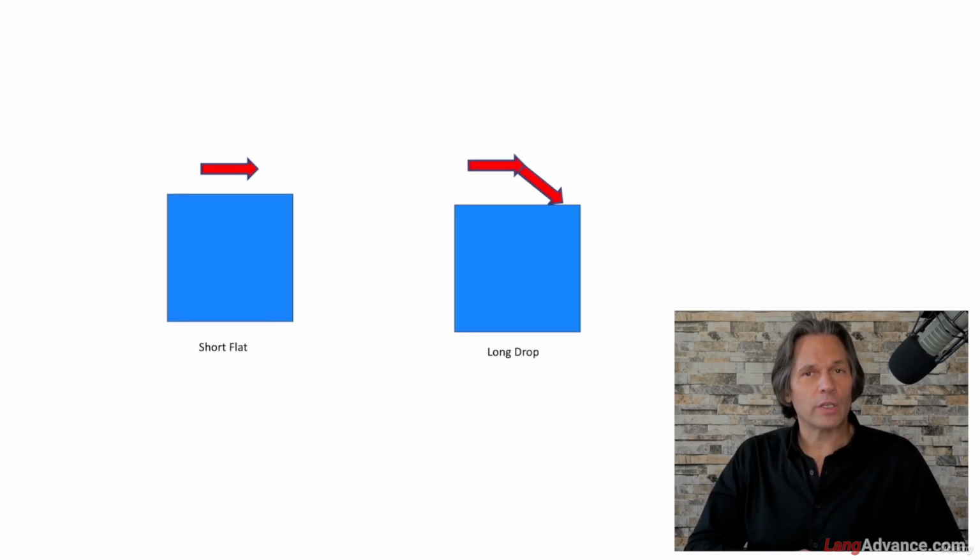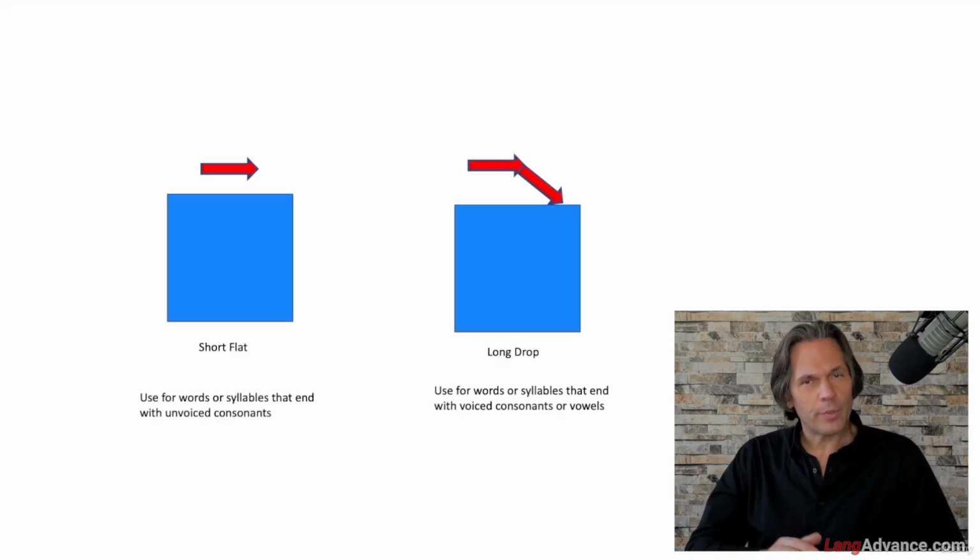And before that, we looked at the long drop tone, which is used in syllables that end with a vowel or a voiced consonant. We're just going to go a little further with this now and compare the long drop and the short flat by saying pairs of words one at a time, one with the short flat tone and one with the long drop tone. And a great way to do that is by using words with endings that are cognates.